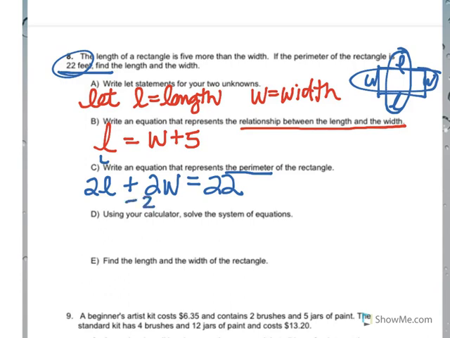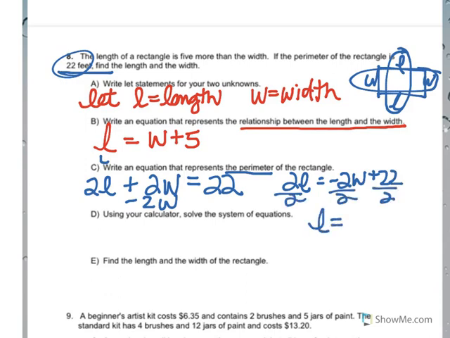So we're going to subtract 2W. So we get 2L equals negative 2W plus 22. Then divide by 2. And you get L equals, and negative 2 divided by positive 2 is negative 1. So we get negative 1W, which I'm just going to write as negative W plus 11.